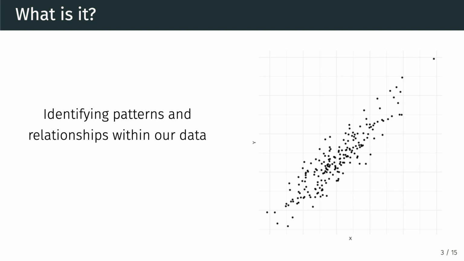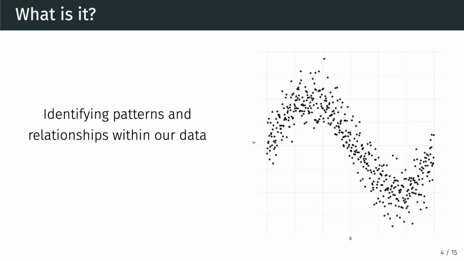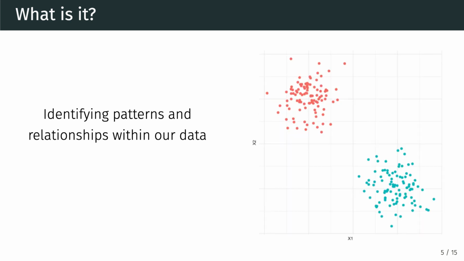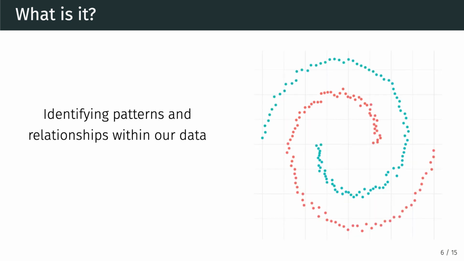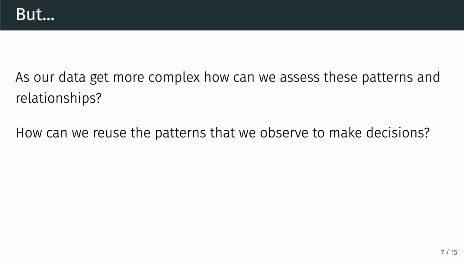Whether it's a linear relationship between two variables or a nonlinear relationship, maybe there's separation within our data, whether that's separation as in groupings that exist or just separation in how certain groups of individuals or observations behave to decide if they're going to maybe click on an ad or not, right? We can see all these relationships fairly simply when we're not looking across too many variables of interest.